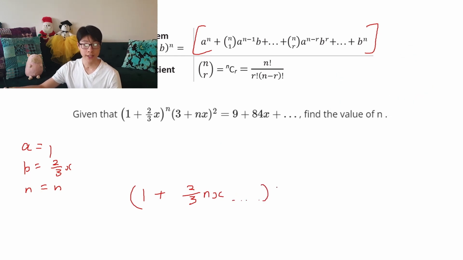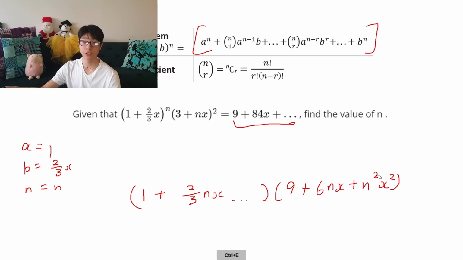Okay, and now for our second binomial, we previously expanded it. It will just be equal to this right here. And we know this entire thing is equal to this expression right here. In reality, we do not need our second term right here because it consists of an x squared, and x squared will not be useful for us, so we can just ignore that.